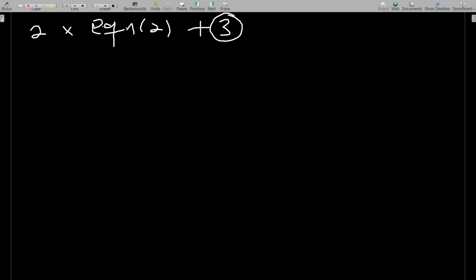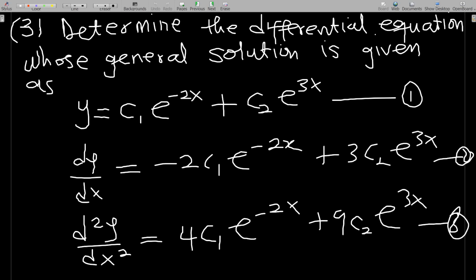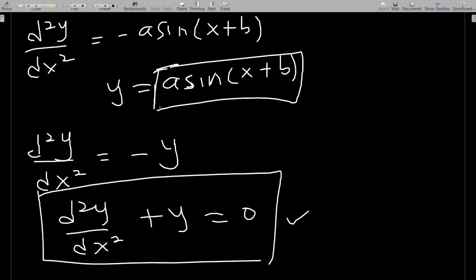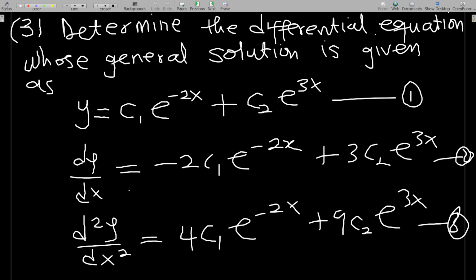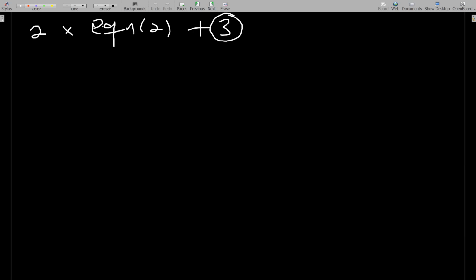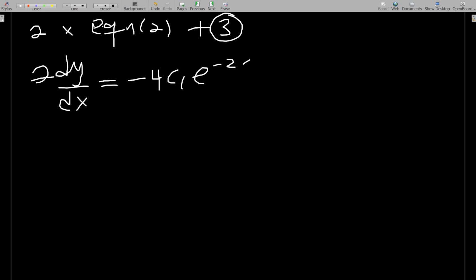Now I go to equation 2 and multiply it by 2 on both sides, meaning that I have 2 dy dx at the left side, and at the right side I'll have minus 4c1 e to the negative 2x plus, when I multiply 3c2 by 2, I have 6c2 e to the 3x.